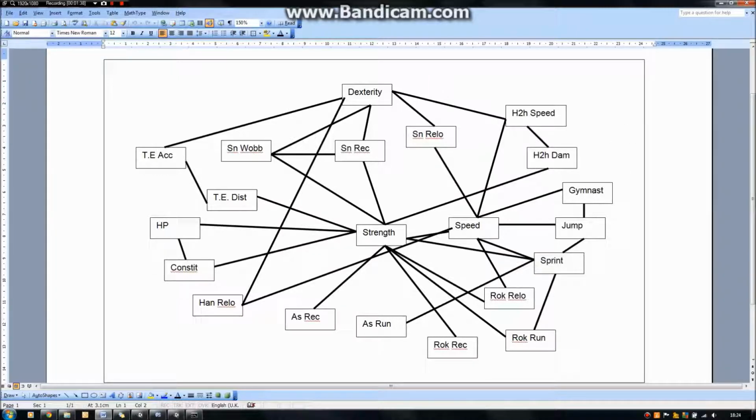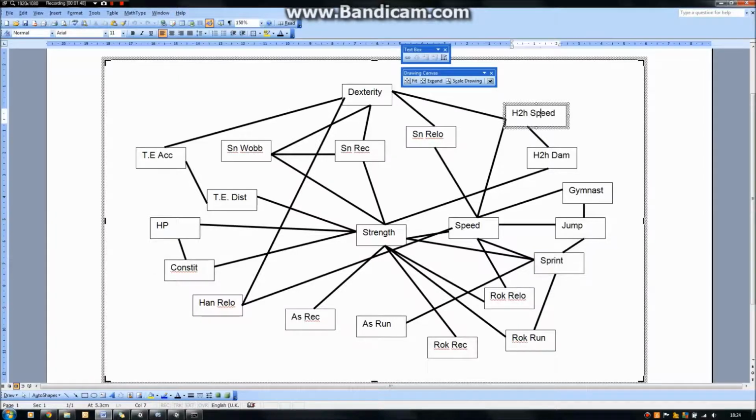Now I haven't got the weights on this diagram, but by the weights I mean the strength of that dependency between the two skills. Now to define that strength you need two numbers, because if we call this skill 1 and that's skill 2, then skill 1 might have an effect on skill 2, but skill 2 might not have an effect on skill 1. So you need two numbers to define the two-way relationship between skills.